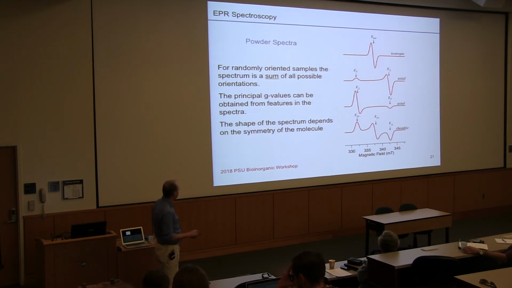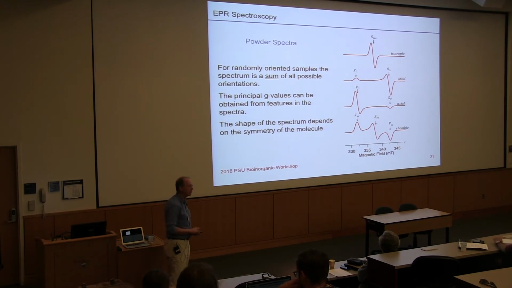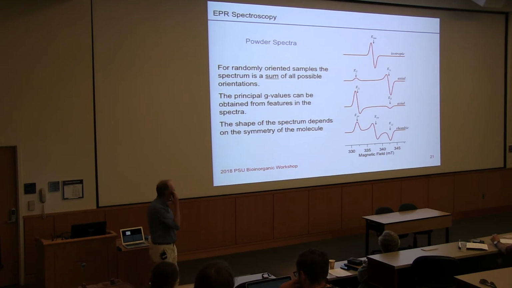And then if we have a rhombic system where the three principal G values are different, then we get this line shape, and you can read the G values basically straight off of the spectrum, or at least you can read the magnetic fields and then convert them into G values. Okay, so, but anyway, these are the basic shapes that we see in an EPR spectrum where the G values are possibly different.